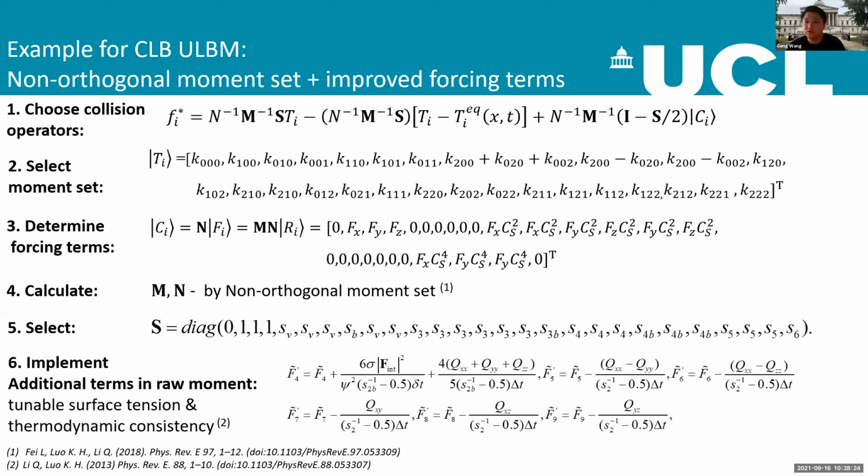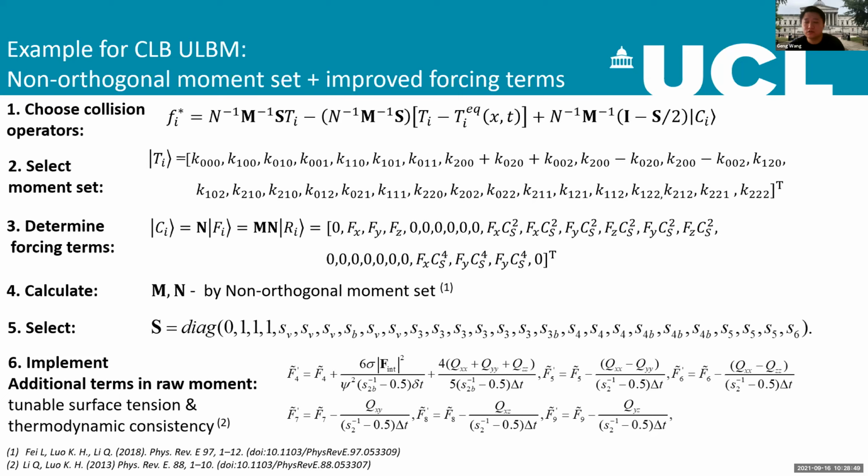The first step to construct the ULBM is to choose your collision operator. Here we choose a central moment-based collision operator. Then select your moment set. In order to reduce the computational cost as well as keep the numerical accuracy, we choose a non-orthogonal moment set in this work.